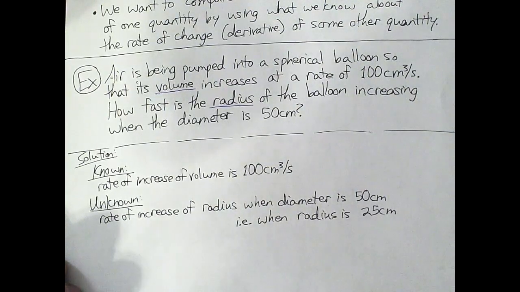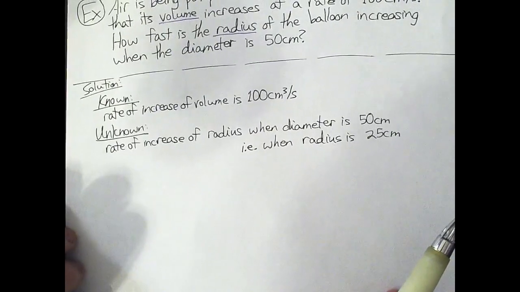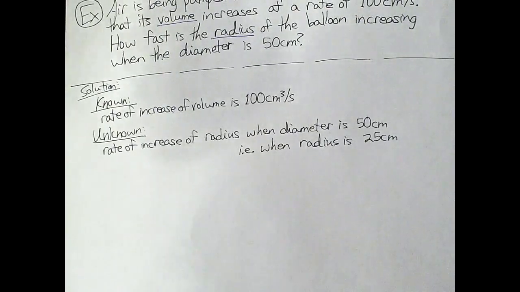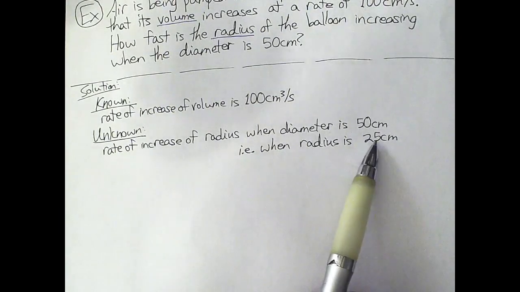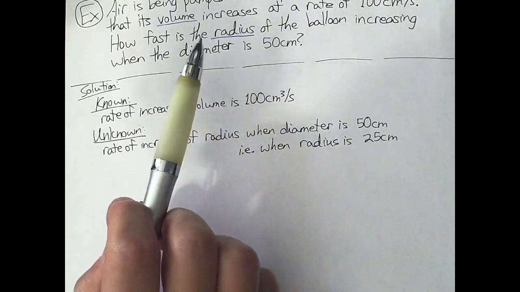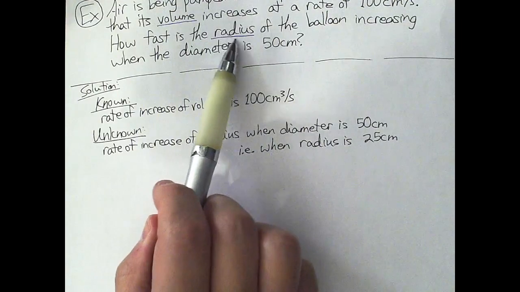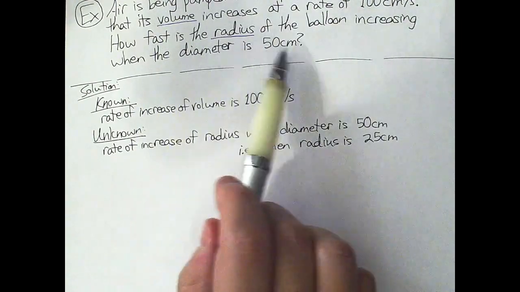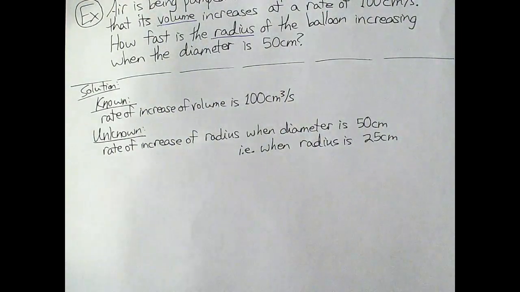Because the diameter is twice the radius. And we'll write this as what we're looking for. And then we'll see which one of these we want to use, diameter or radius. I have a feeling we're going to want to use the 25 because this is about the rate of change of radius. The diameter feels like it was in there to throw us off.